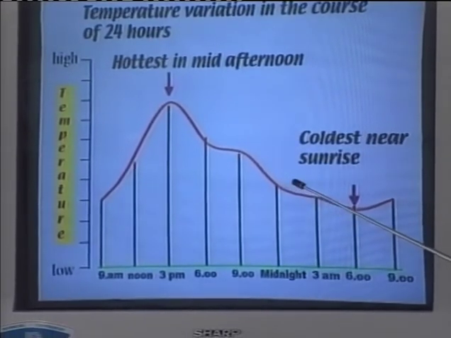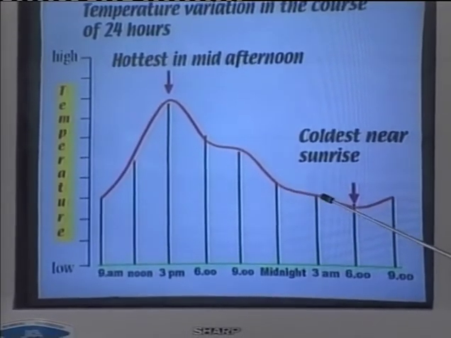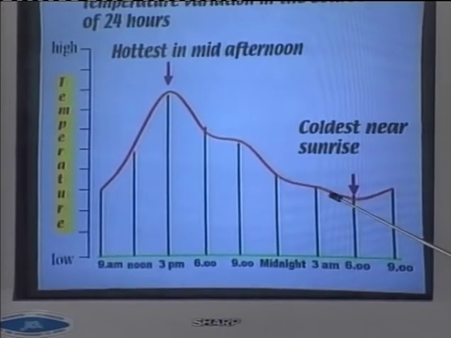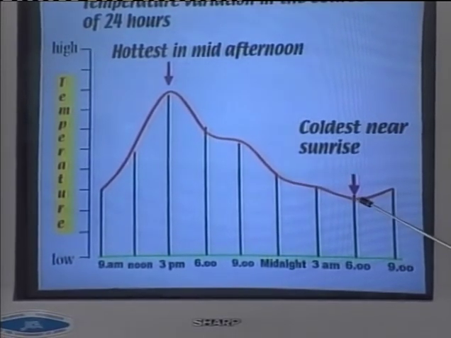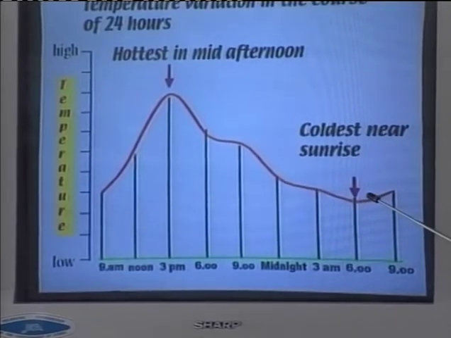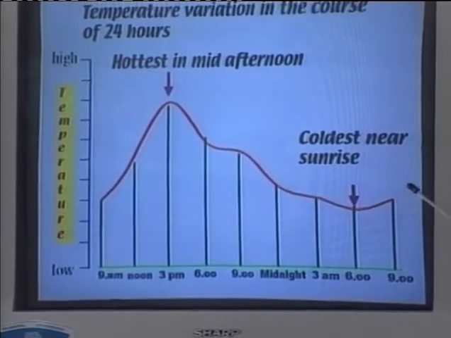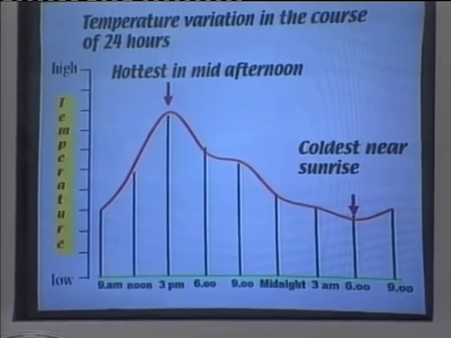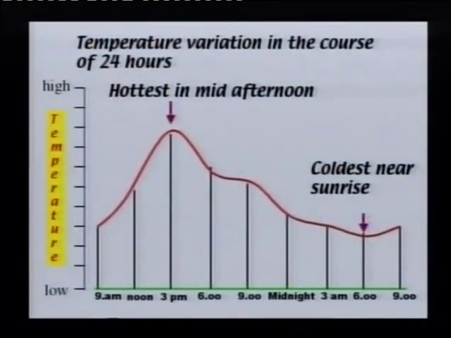Okay, we go for that time to midnight, and then to 3 a.m. in the morning, and then finally we come to about 6 a.m., the start of a new day again, where the temperatures would be the coolest. And then the increase in temperature again as we start the next 24 hours. So you are definitely correct to say that temperatures are coolest at about 6 a.m. in the morning.